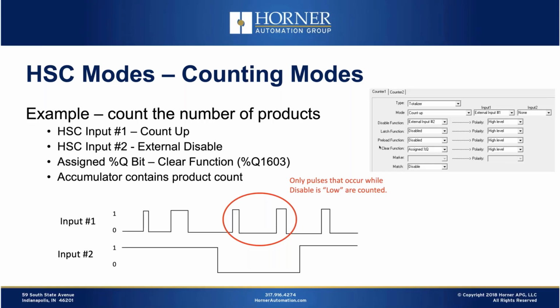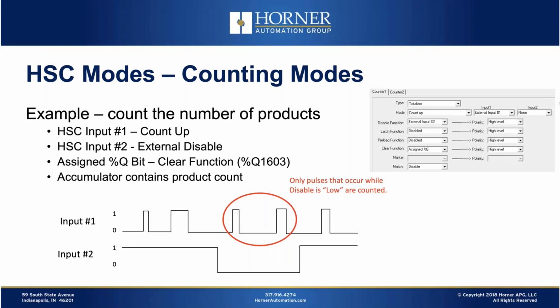If you take a look at the screenshot on the right, that is a Cscape configuration screenshot, and you can see that I'm in totalizer mode, and that I'm counting up, and the input for my up count is external input number 1. So that's going to tell me I'm going to be counting when input 1 transitions from off to on.